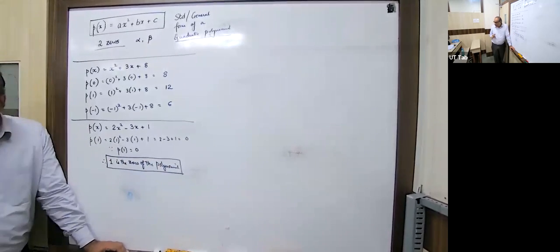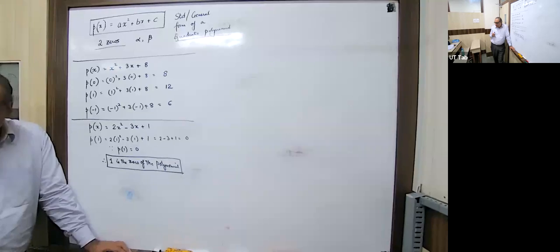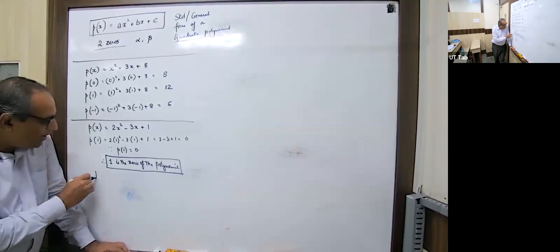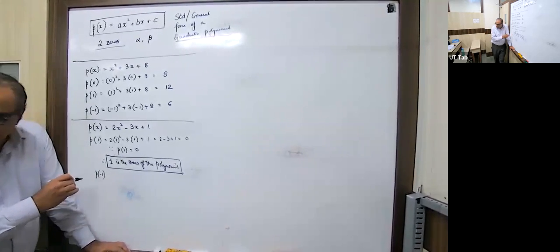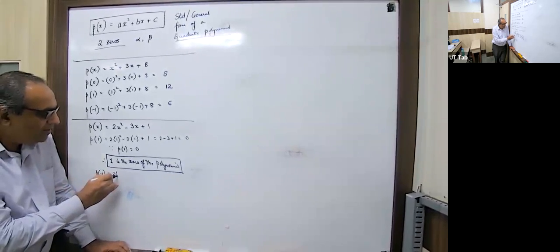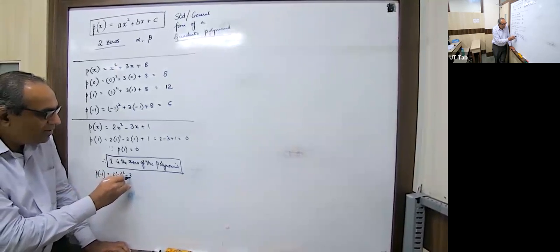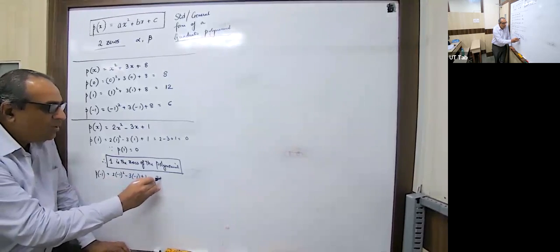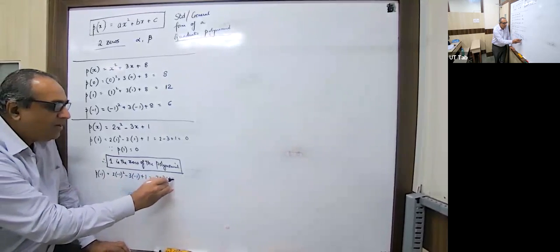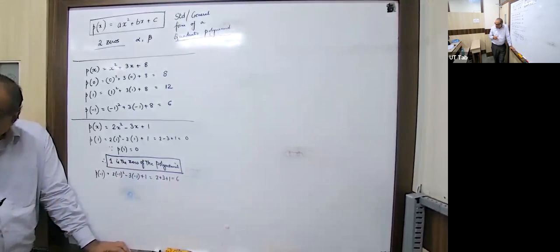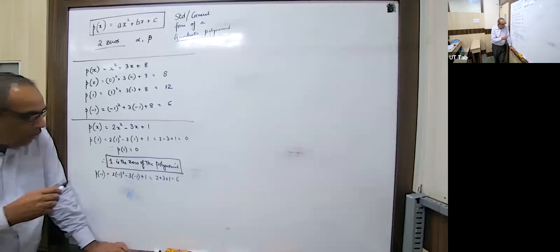Because it is a quadratic polynomial, it will have one more 0. Let me try by putting x as minus 1. What is this? 2 plus 3 plus 1. So can I say minus 1 is a 0 of the polynomial? No.